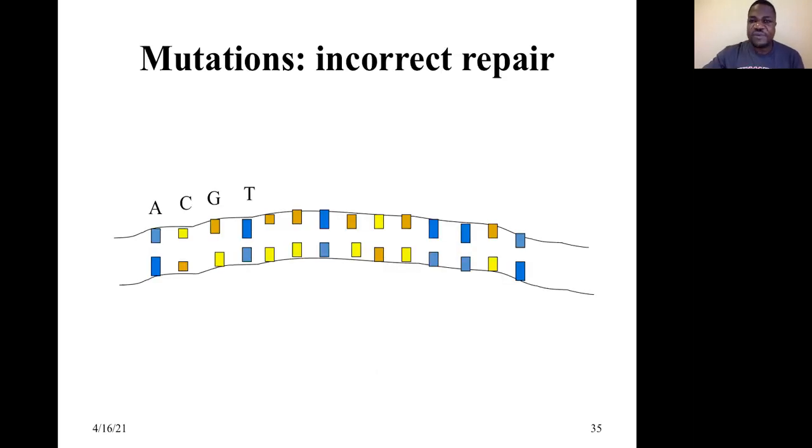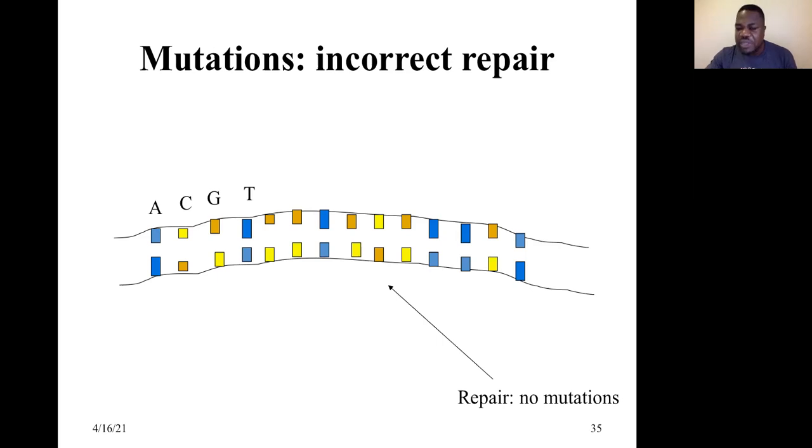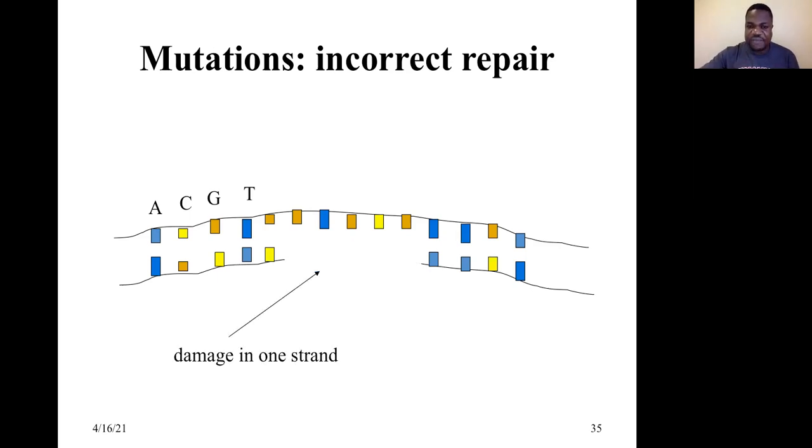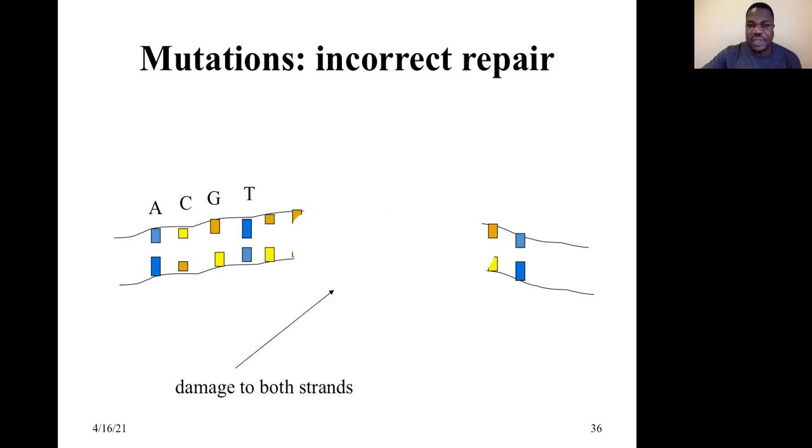Okay. So let's then look at the SOS, incorrect repair system. This is, again, your gene with all the sequences of the amino acids. Then there is a damage in one strand. The damage in one strand can happen and the repair takes place. There is no mutation if the repair is correct. So you have a damage, the repair is correct, no mutation, okay?